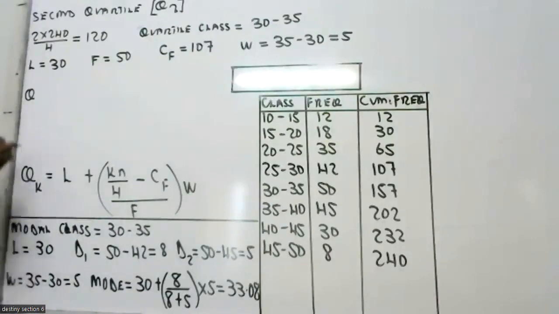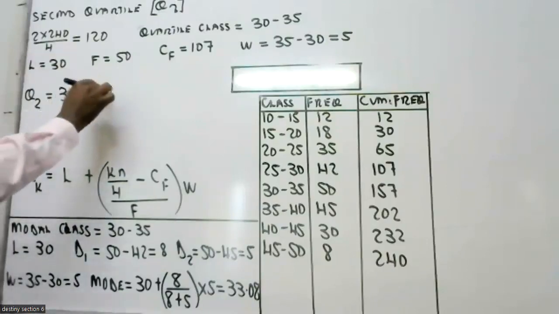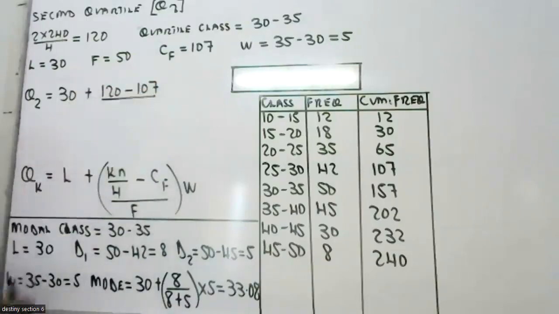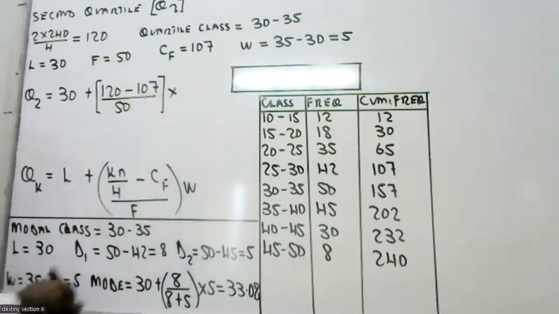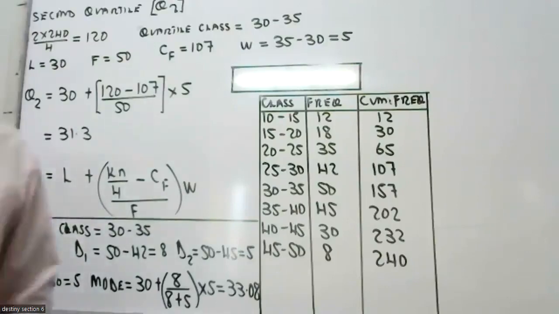So quartile 2 will then be the lower limit, which is 30, plus Kn, which is 120, minus the Cn, 107. This one you divide by F, which is 50. Then you multiply by W, which is 5. So 120 minus 107 divided by 50 times 5 plus 30. I'm getting 30.13.